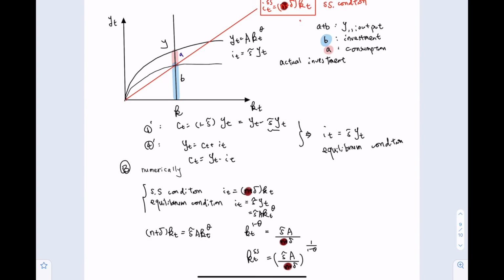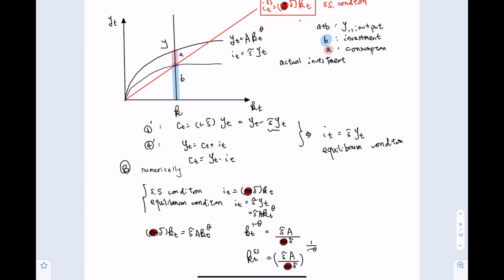So when we rearrange the equation, we are going to have delta k t equal s A k t to the power of theta. Then we rearrange the equation to solve for the k steady state. Now the k steady state equals s times A divided by delta, the whole thing to the power of 1 over 1 minus theta.